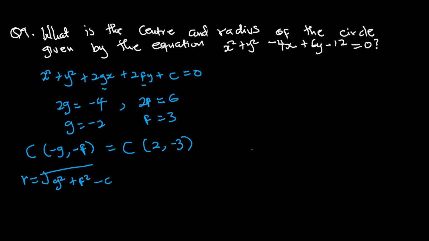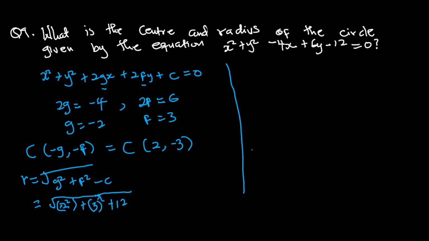So in our case here, j is negative 2, so negative 2 squared plus our f, which is 3 squared, minus our c. So comparing this one to this, you have c to be negative 12. So negative negative, that will give us positive 12. So this is what we have.